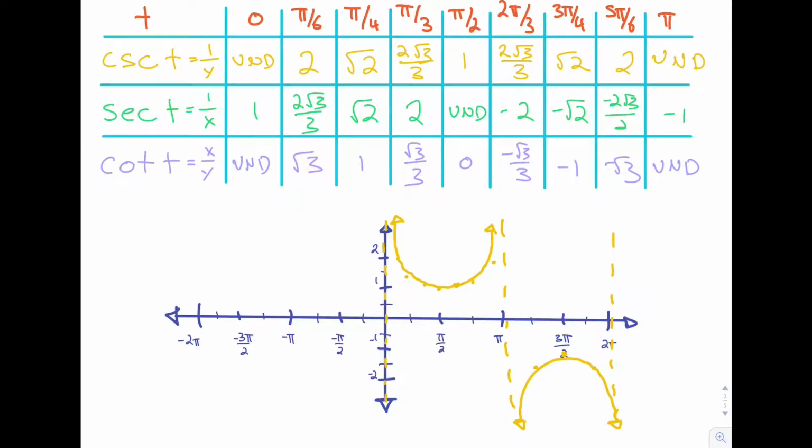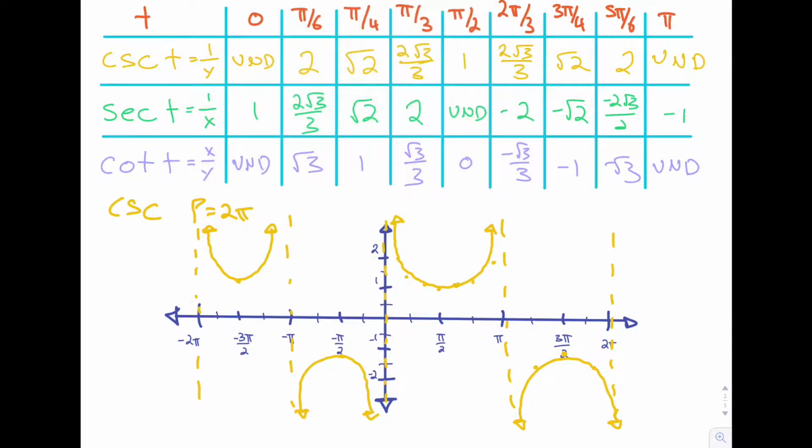This should tell you that cosecant has a period of 2 pi. So it repeats itself every 2 pi units, and then we can draw the second half of our graph. So for cosecant, the parts of the graph that are defined are going to be very U-shaped graphs. Not quite parabolic, not quite rectangular, but somewhere in between.